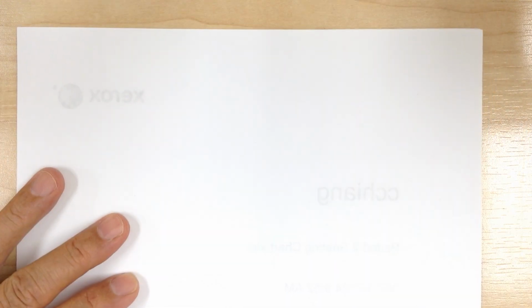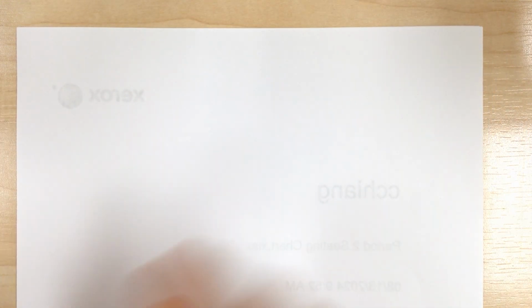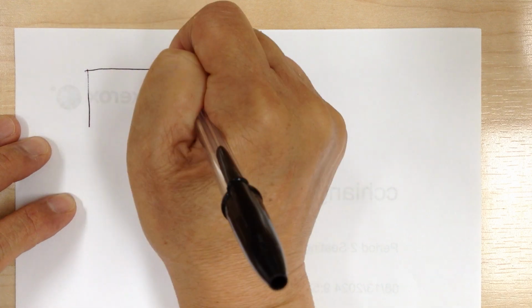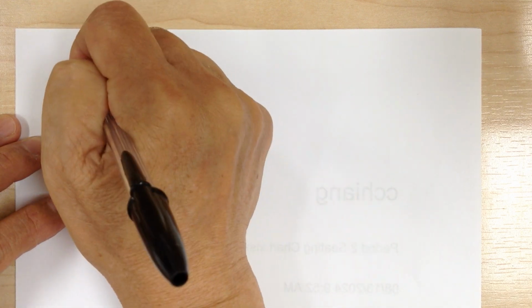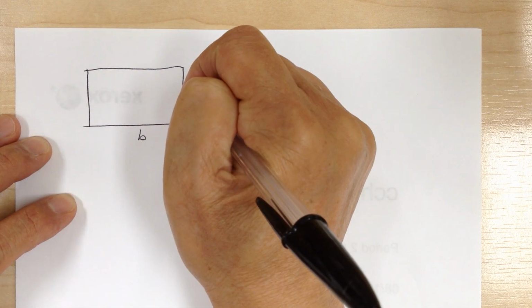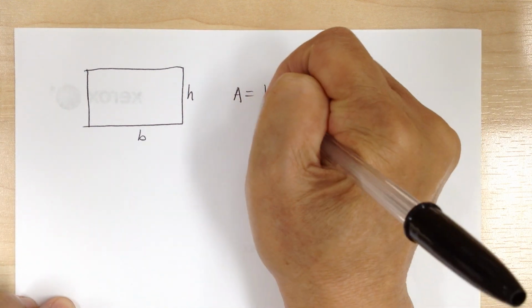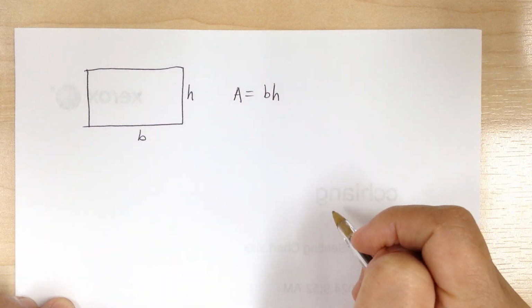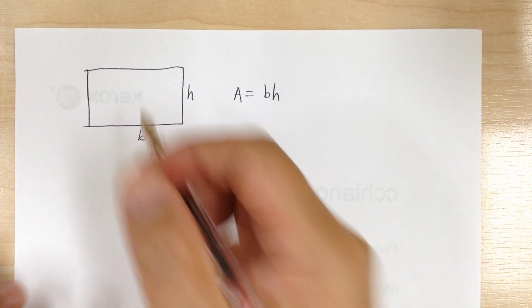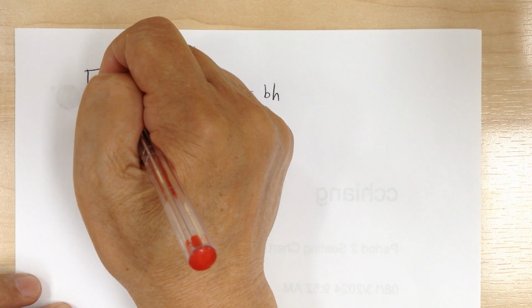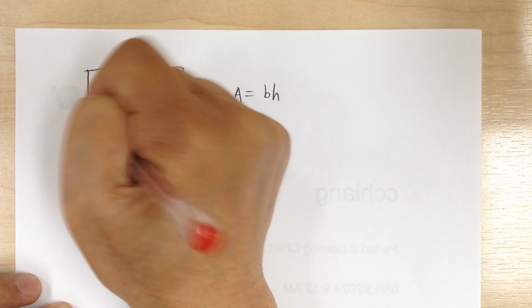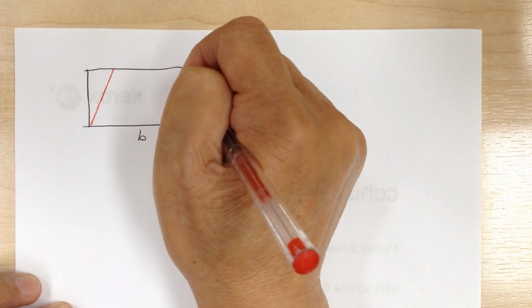Let's say you start out with a rectangle. I'm going to call this the base and this the height. So in this case, the area will equal just base times height. Now imagine I cut off a triangle and slide it over to here.